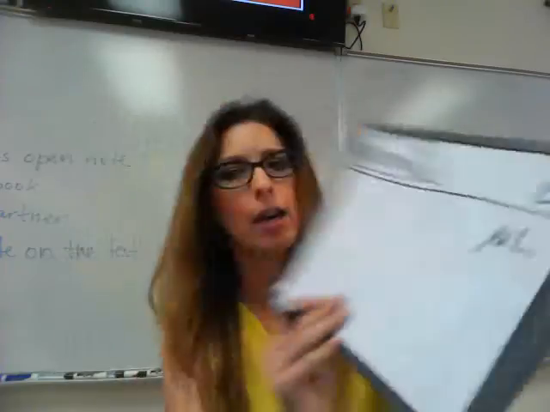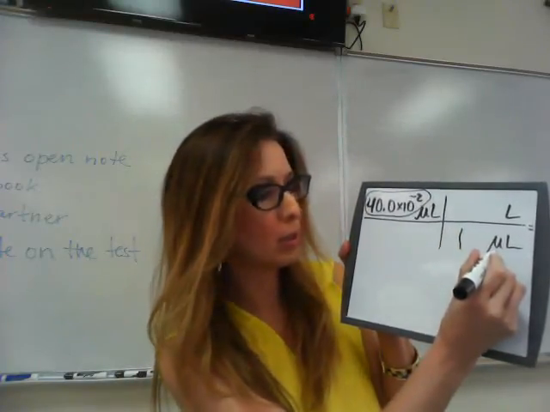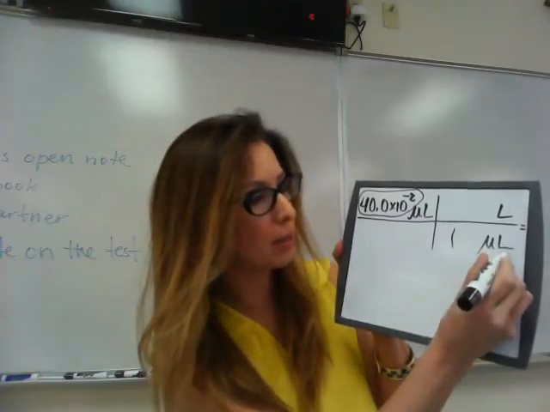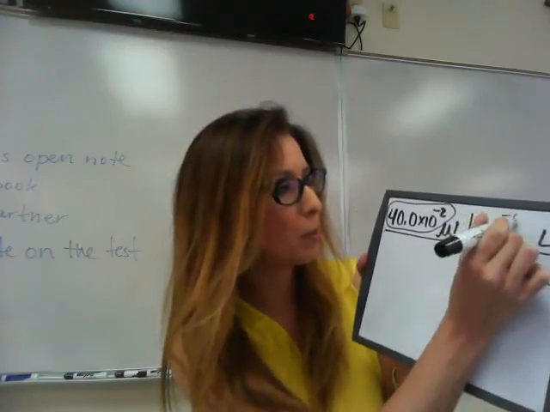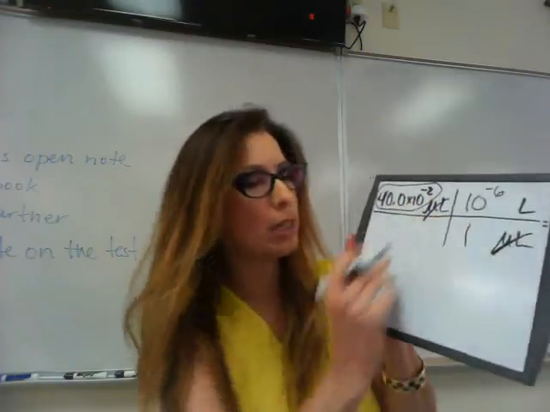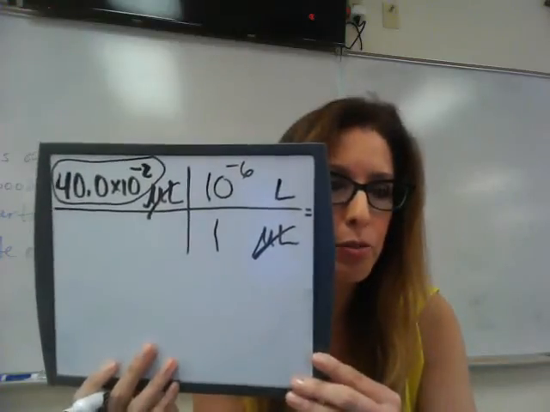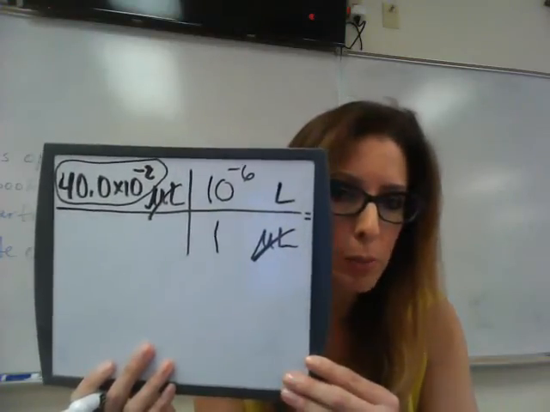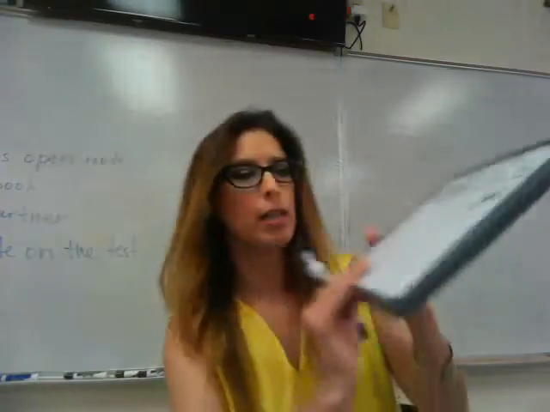On the bottom, I have 2 letters in the unit, so I put the number 1 here because there's my prefix, and that's the base. Micro is 10 to the negative 6, so I'm going to put 10 to the negative 6 up on top next to the base unit. These will cancel. Since this is a prefix to base conversion, we're going to be multiplying. So that's what we do when the power of 10 is up on top.